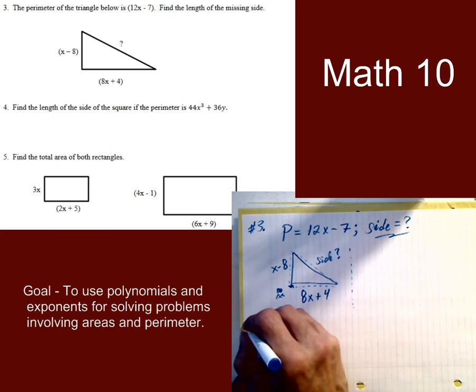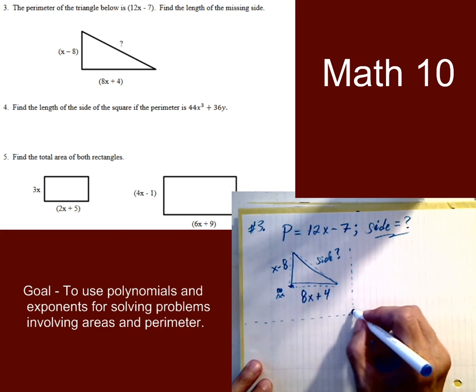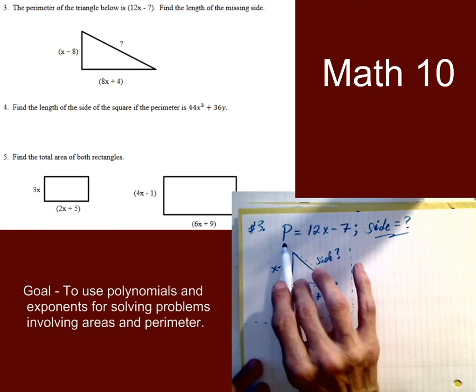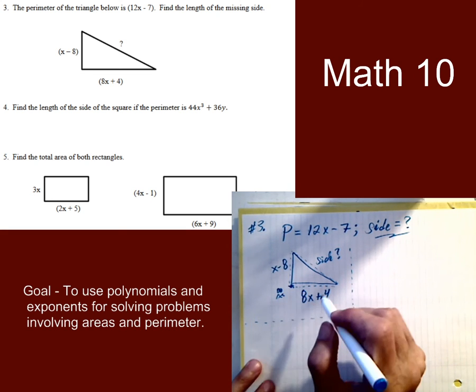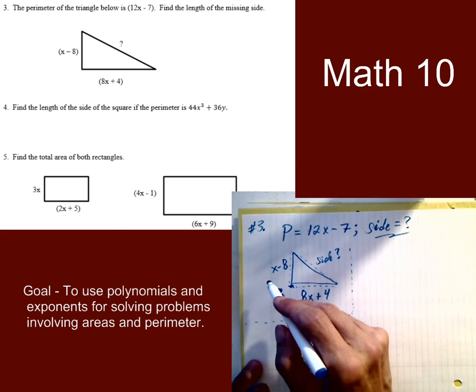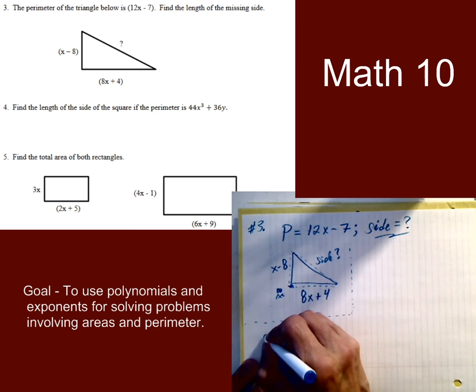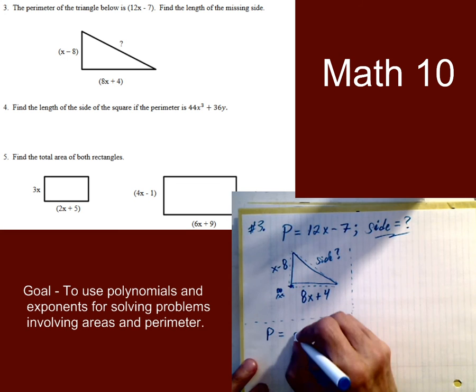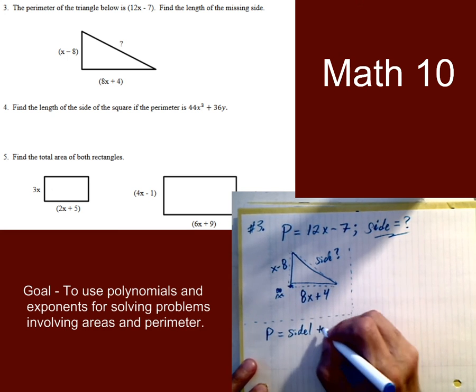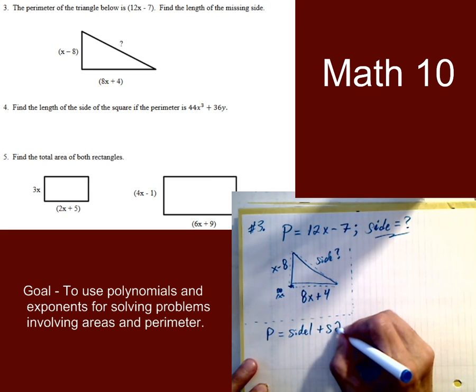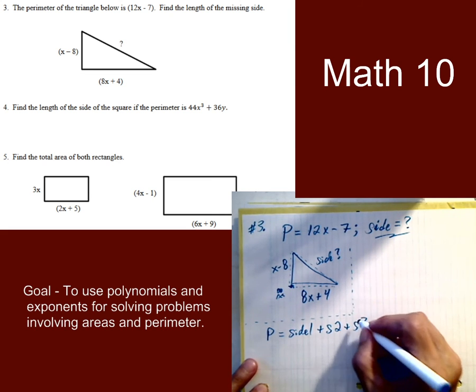Here's what I'm thinking. First thing to recognize is we have the perimeter plus some information about the sides. So I would say, okay, we have the perimeter, and I remember that the perimeter is side 1 plus side 2 plus side 3.